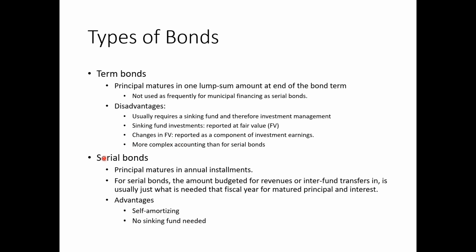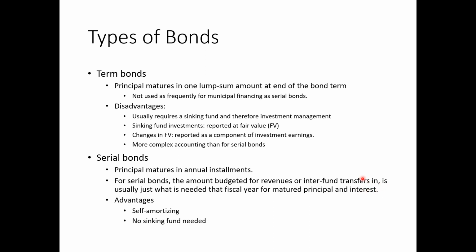Usually for municipal and government accounting, we're going to see more serial bonds, in which principal matures in annual installments. For serial bonds, the amount budgeted for revenues or interfund transfers in is usually just what is needed that fiscal year for matured principal and interest.